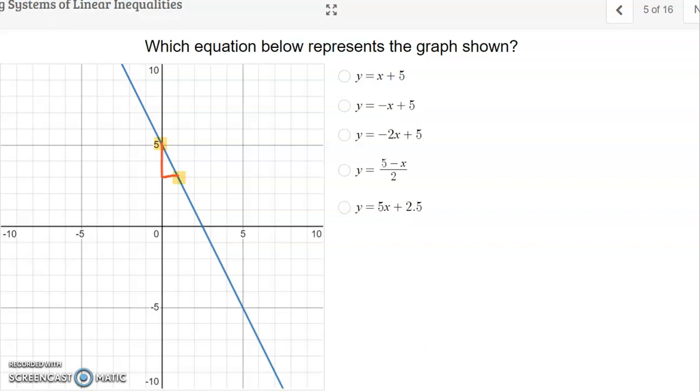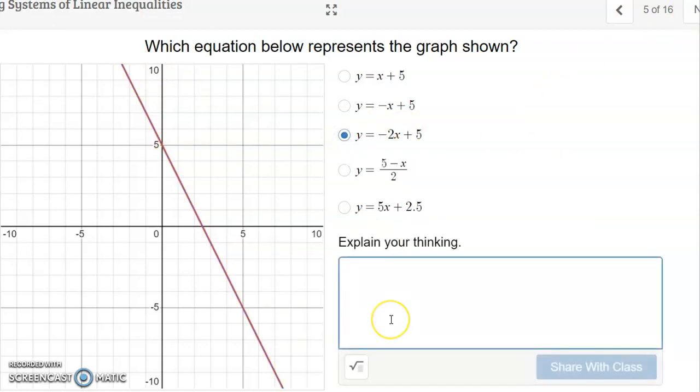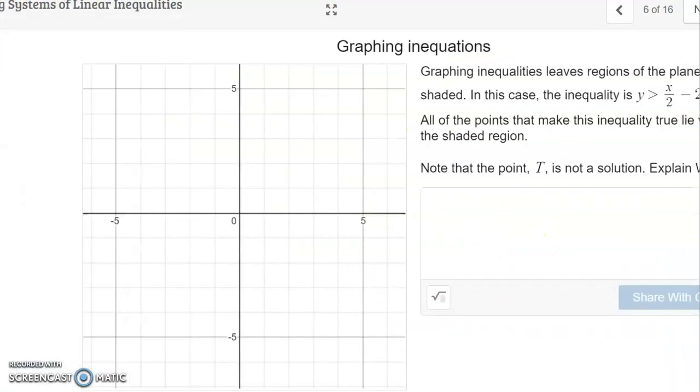So this has a slope of negative 2 over 1 and a y-intercept of 5, so this is my answer. And then explain your thinking, explain how the y-intercept is 5 and the slope is negative 2 over 1, and then make sure you share with class.